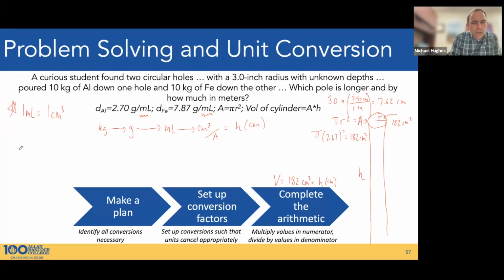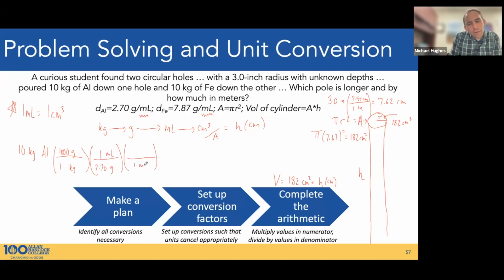We're going to start with what we know, which is 10 kilograms. Let's start with aluminum. And we know that in 1 kilogram, there's 1,000 grams. We know that the density of aluminum is 2.70 grams in every 1 milliliter.